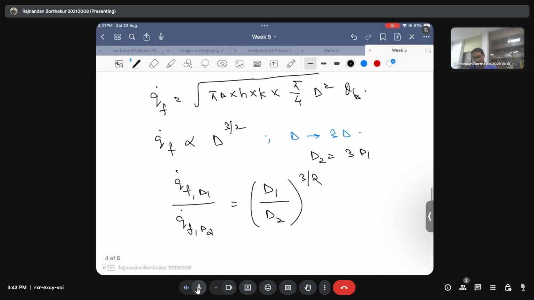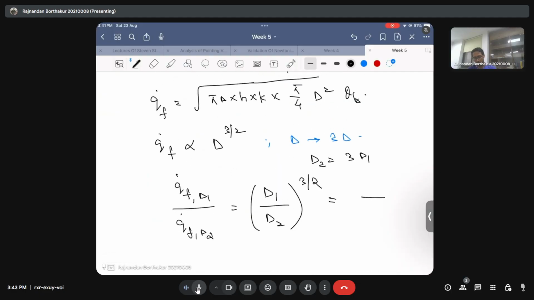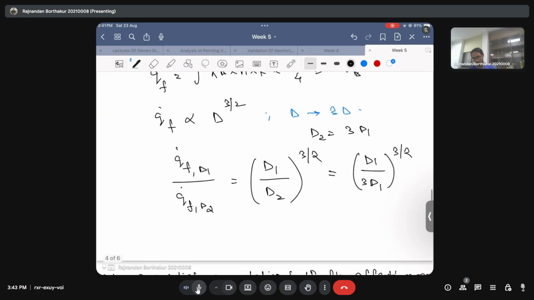But we know that d2 is just 3 times d1, so this will become d1 and 3 times d1, because you are increasing the diameter of the second fin to 3 times that of the first one. Then what do you get?